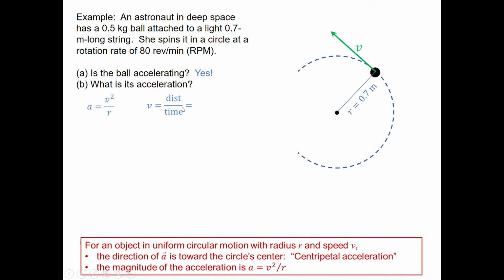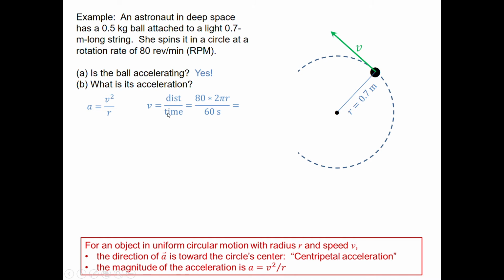We can watch it for a small amount of time and do the small amount of distance divided by the corresponding small amount of time, or we can let it go for quite a big distance and do the distance it went divided by the corresponding larger time that it took to go that big distance. It doesn't matter which one we use. So when we're calculating the speed, which is exactly what we want for this formula, we're going to try to choose either a distance or a time that's convenient for us in order to help us calculate v.